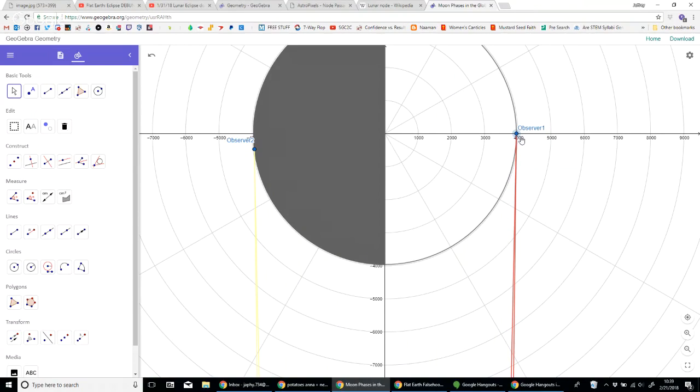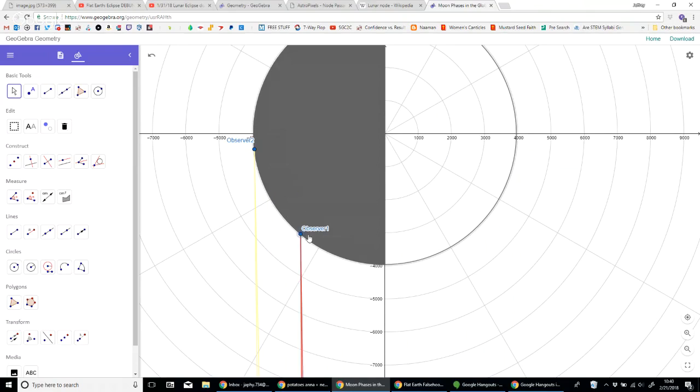So pretty much the 12 hours it takes for him to get from here to here, give or take, because as we know, the moon is also moving through the sky, so it's not exactly 12 hours.